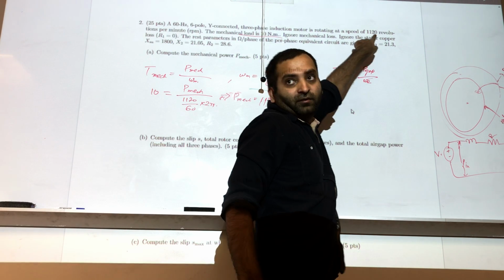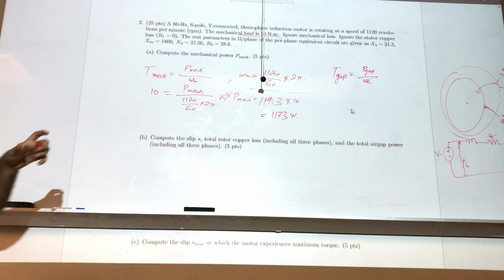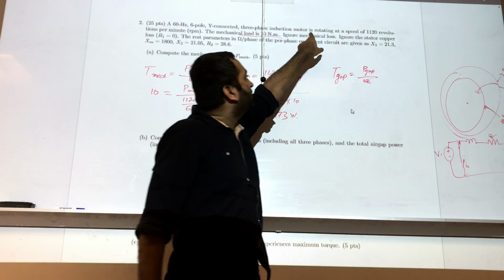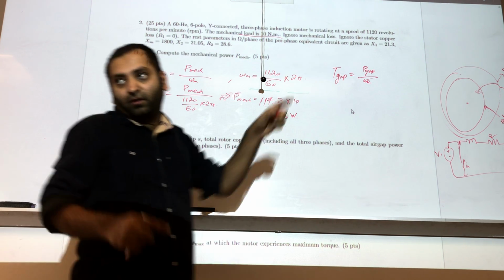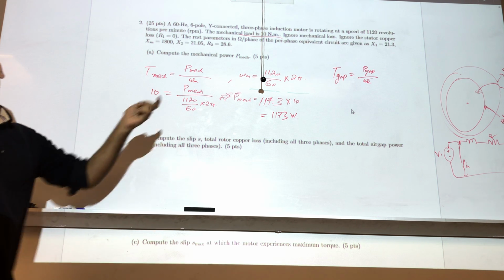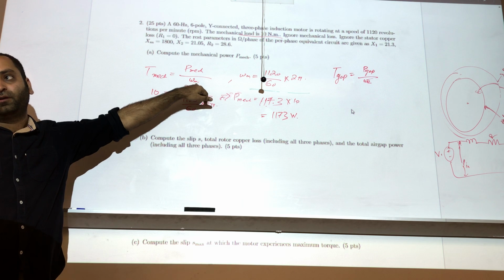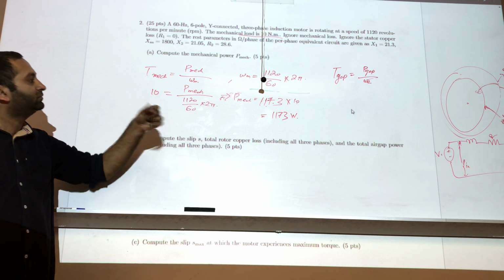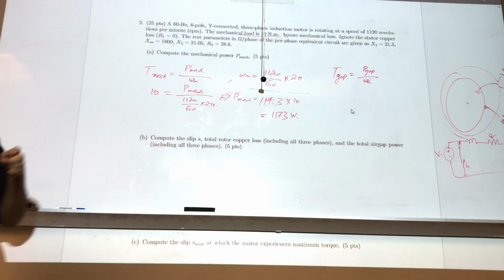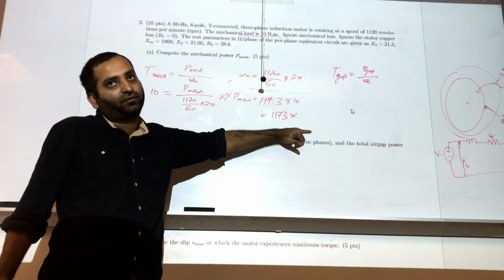This is the NR. Whatever is given in the question, it says the induction machine is rotating at a speed. So the rotor speed is NR, which is 1120. And from that, you find the omega m. So the answer is 1173 watts.